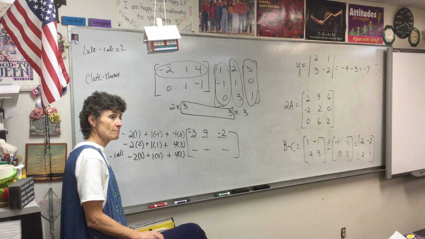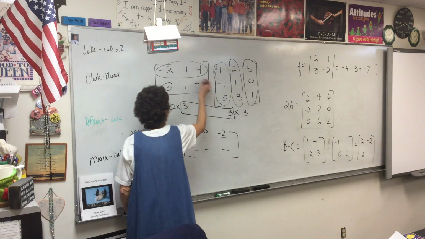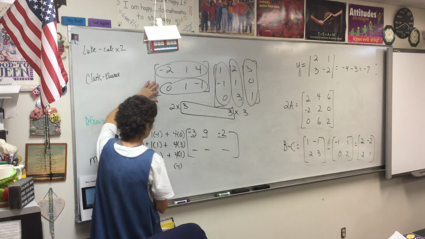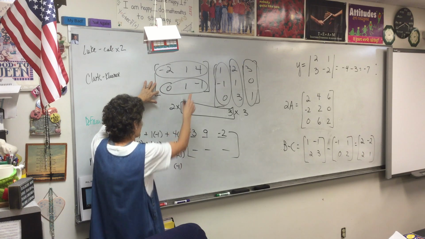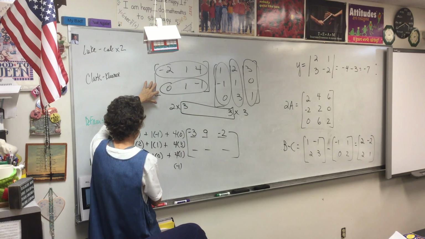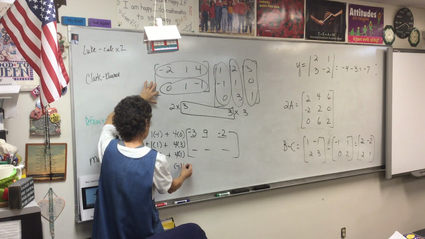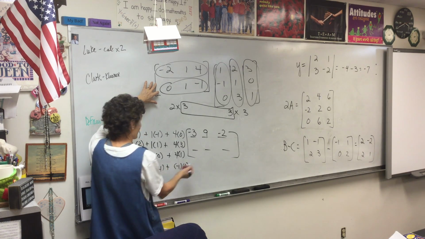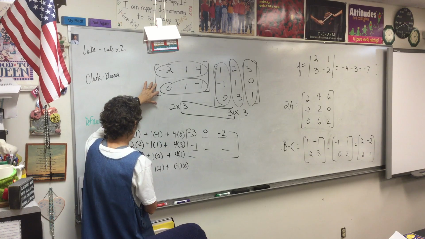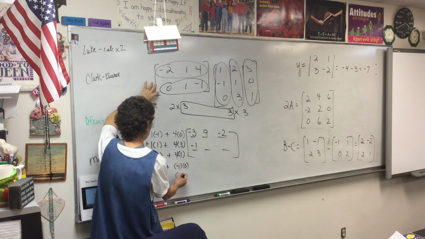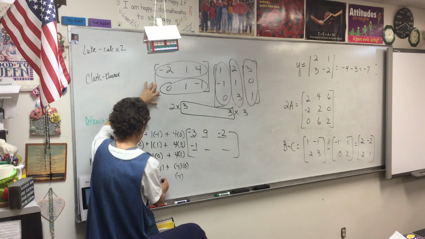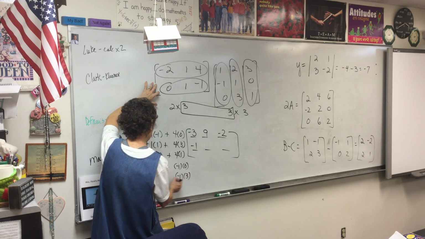Now I'm going to do the same thing, but I'm going to use the bottom row. So now I'm going to write down my 0, 1, and negative 1. And then my first column, which is 1, negative 1, and 0. Yeah, that's just negative 1. 0, 1, and negative 1. 2, 1, and 3.